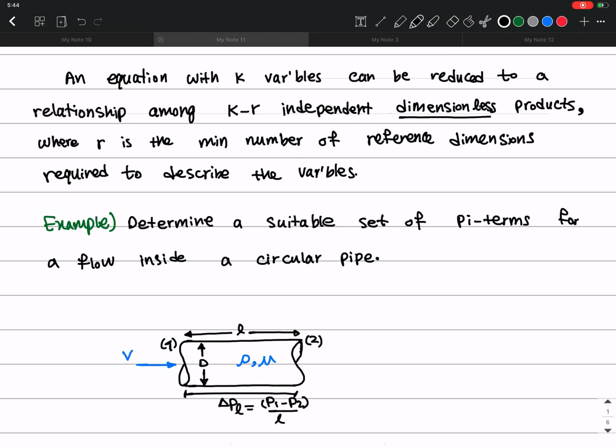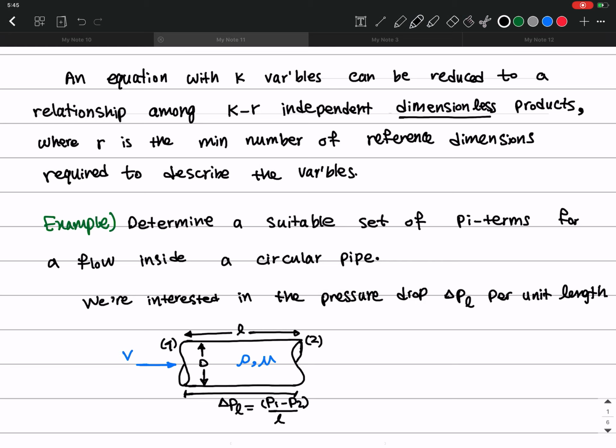So here I want to write something. We are interested in the pressure drop delta P over L, per unit length. Okay.